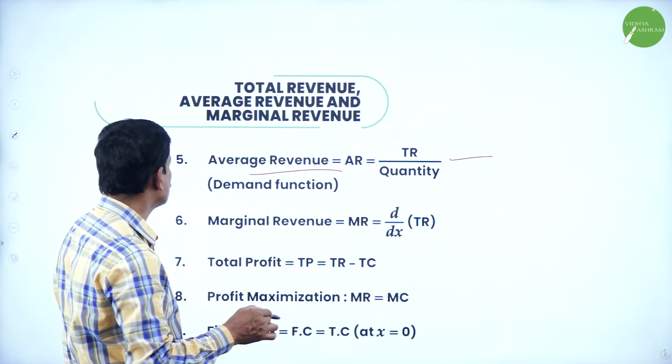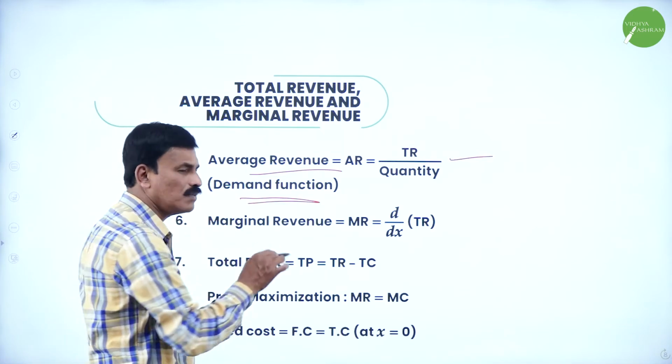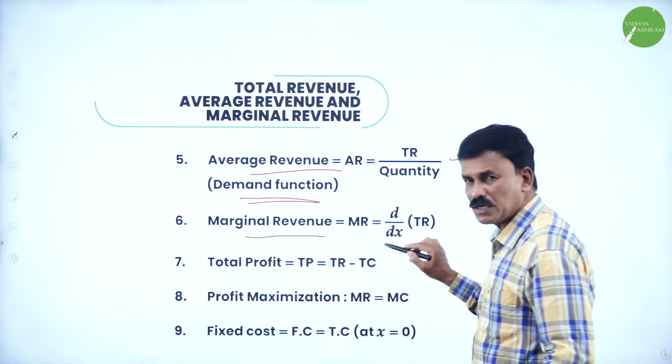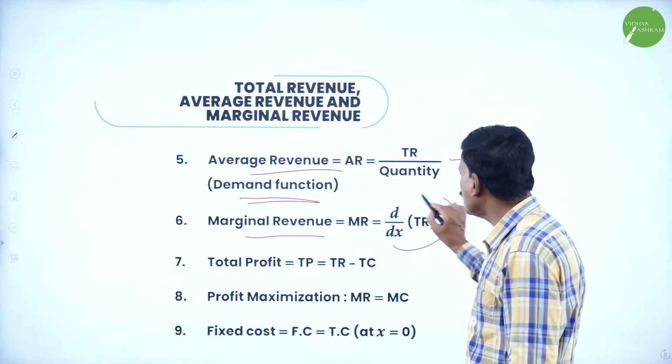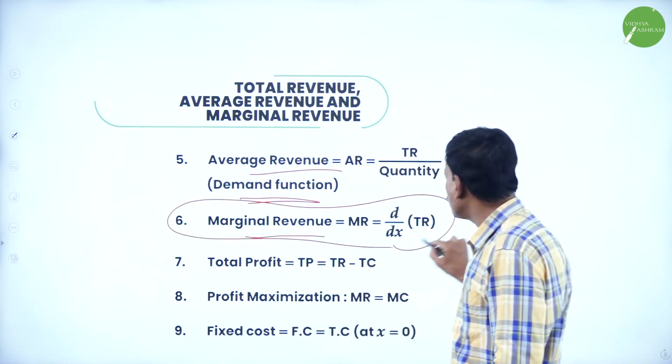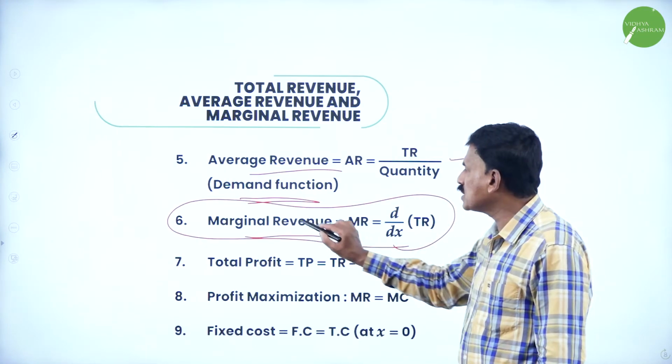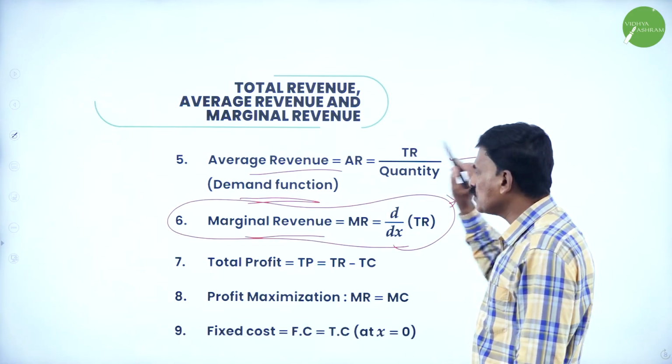This is also called the demand function. Now similarly, to find the marginal revenue, MR, this is very important, d by dx of the total revenue. Differentiation of total revenue with respect to X will give the marginal revenue of the function.